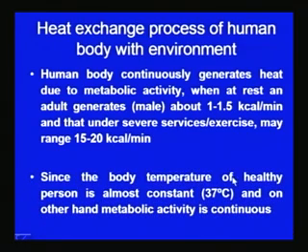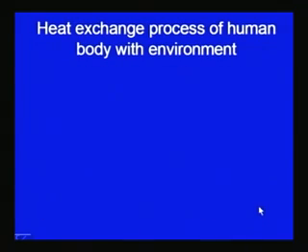Since the body temperature of a healthy person is almost constant, around 37 degrees, and metabolic heat is generated continuously, to maintain the temperature of the body constant, it is necessary that whatever metabolic heat is generated is dissipated continuously.